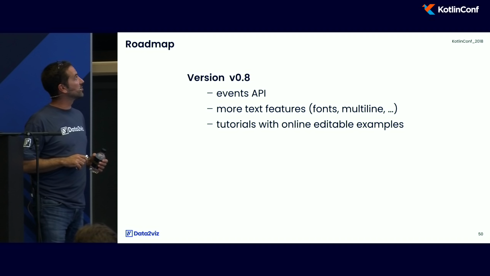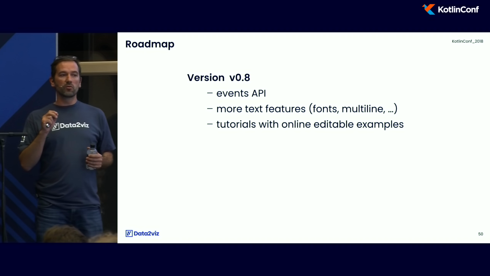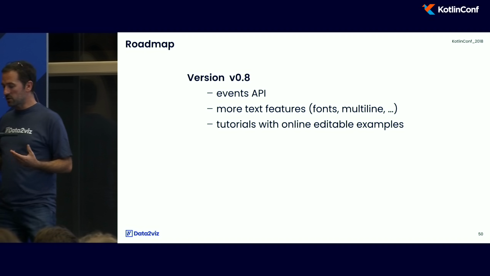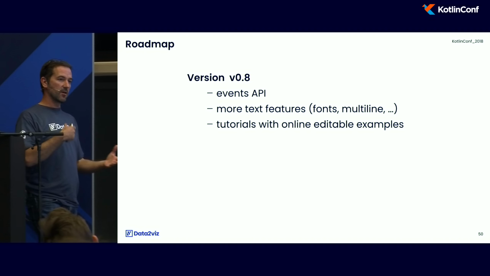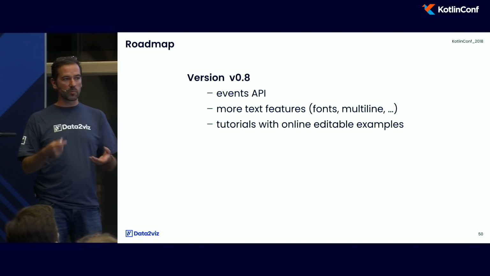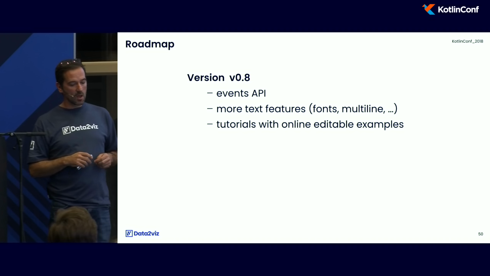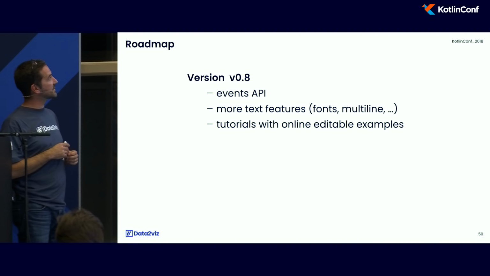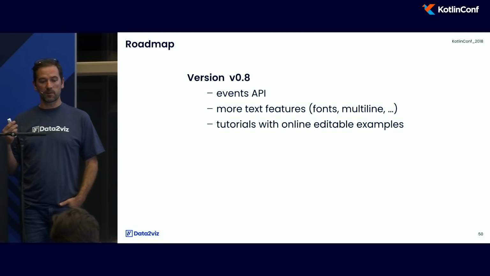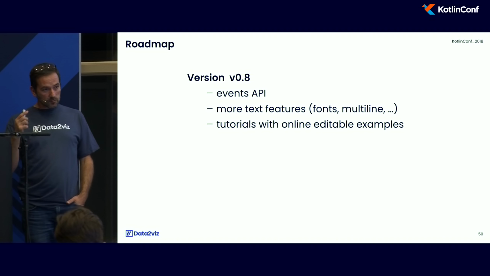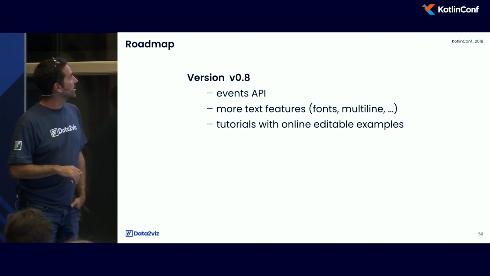The next version will be focused on the event API to be sure that the user can interact with visualization in the same way on each platform, to do some drag and drop, to do some selection, stuff like that. We'll also add some text features like managing the font styles, font family, to provide a way to use multi-line text.